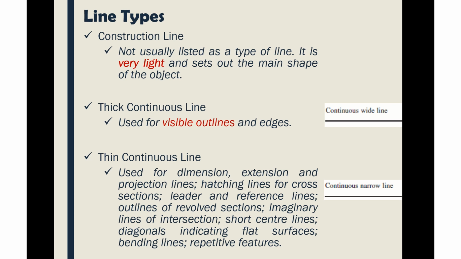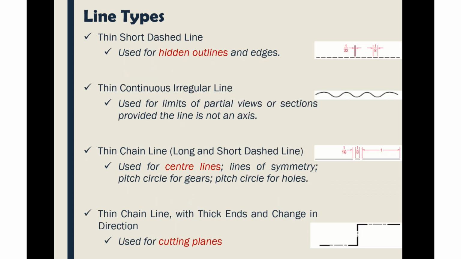That's what we use the thin continuous line for. And to draw the thin continuous line, we recommend that you use the 4H grade pencil. The 4H grade pencil is appropriate for the thin continuous line.